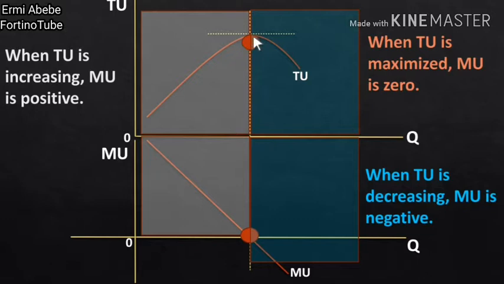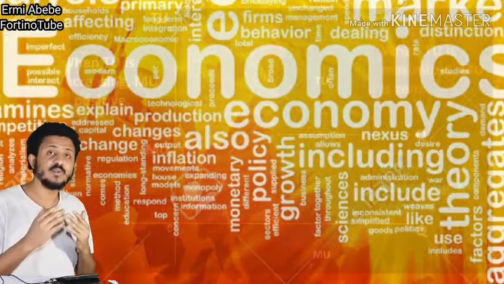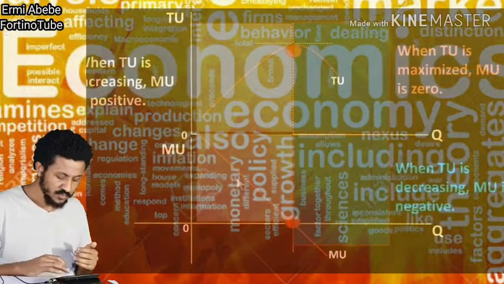So, considering our income, the money we have, at which point shall the consumer stop consumption? Should it be stopped here, or here, or here? We are asking for the equilibrium of the consumer.